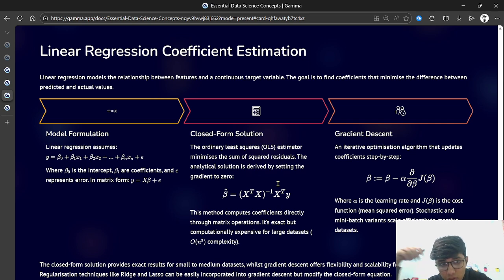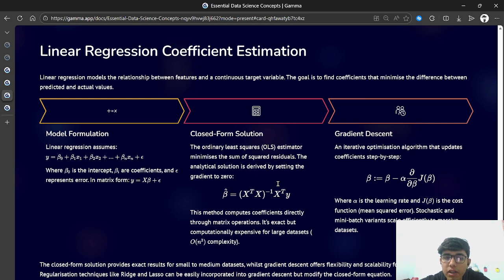When databases grow in size, especially in high dimensionality settings, computation of the inverse of x transpose times x is prohibitive. So we use gradient descent optimization, where in each iteration we perform the update rule. So gradient descent iteratively updates the coefficient vector using the direction of steepest decrease in the cost function.